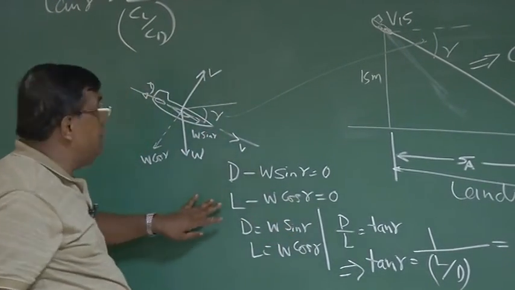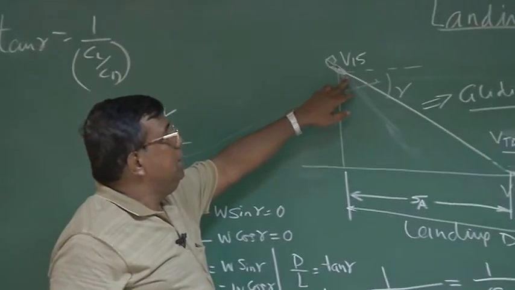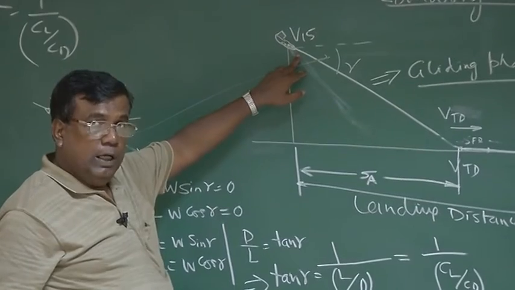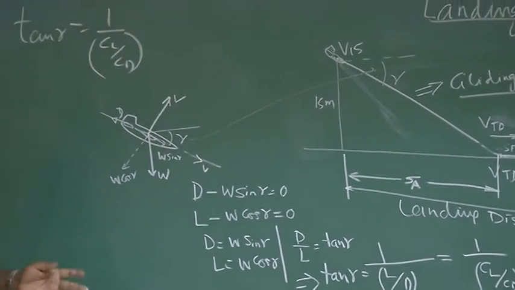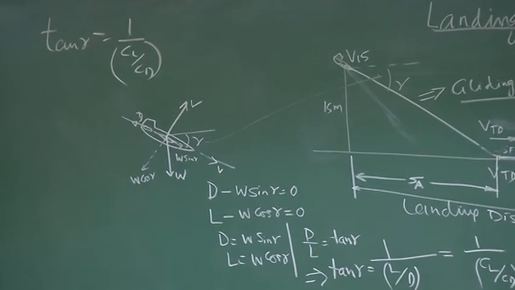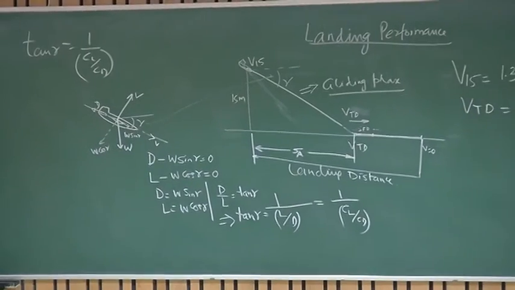And also to restress this point, during this phase, I have deployed the flap. Okay? So CL and CD, they have changed. So I have to be very, very careful during estimation that I should take the correct value of CL and CD.